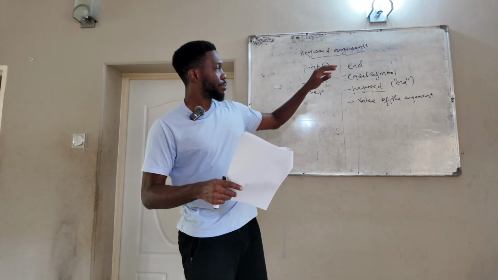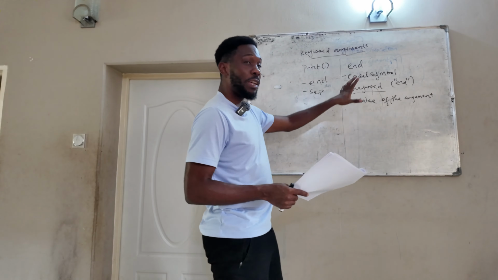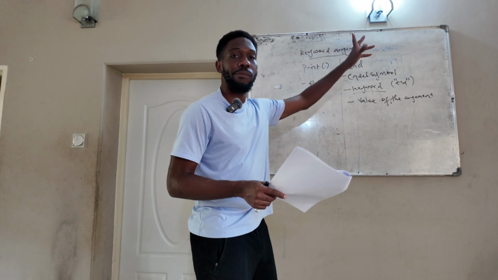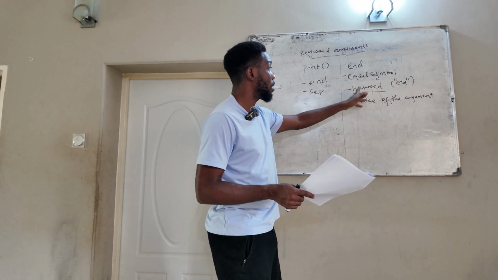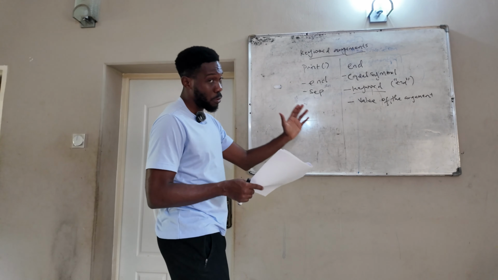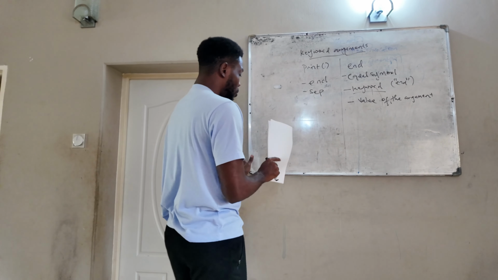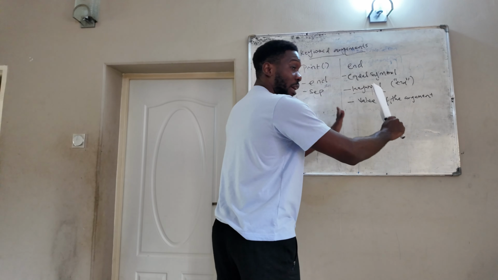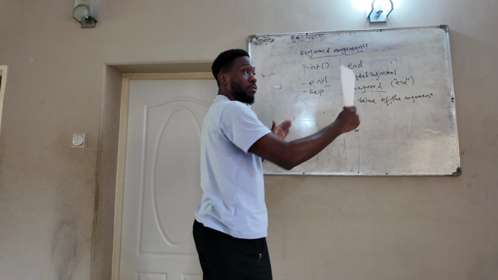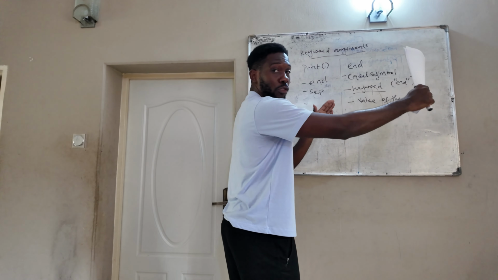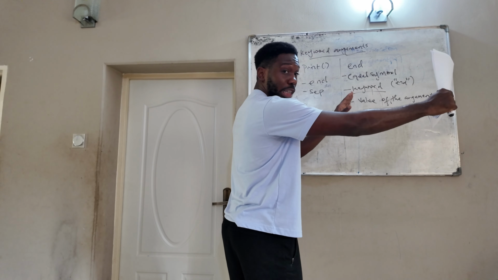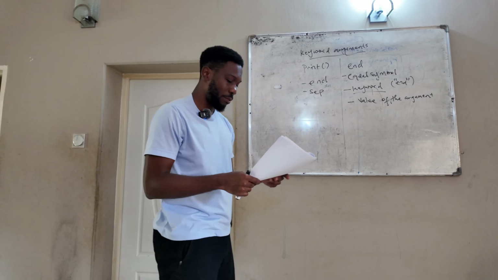If you're using positional and keyword arguments at the same time, you first put your positional arguments, then at the end you put the keyword arguments. In this case, the end.